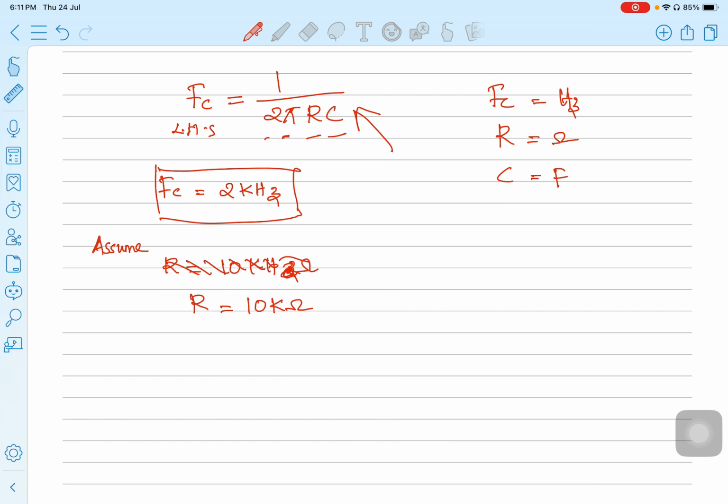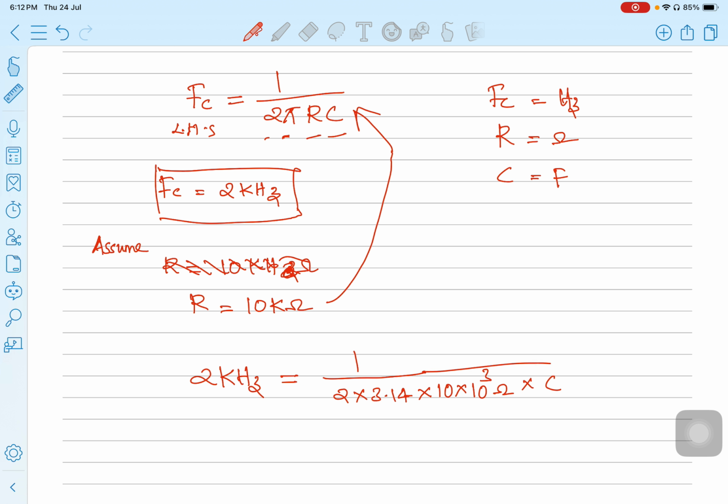Once I assume R, I can substitute it into this equation. So the cutoff frequency 2 kilohertz is equal to 1 divided by 2 into 3.14, that is the pi value, into 10 kilo ohm, in a sense 10 power 3 ohm, into the capacitance C value.